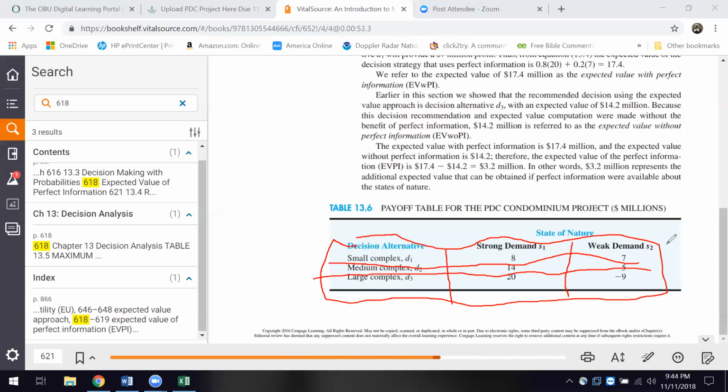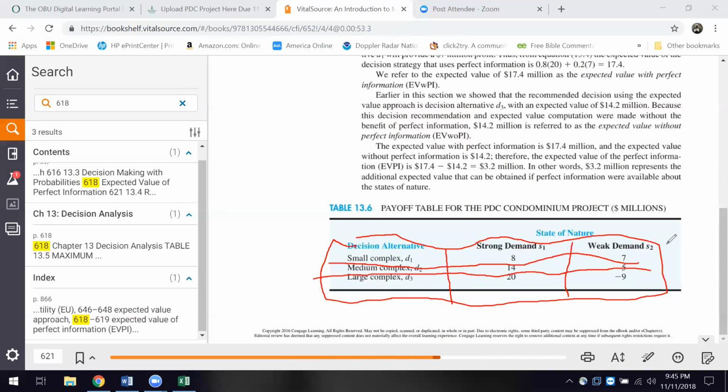And so we attach probabilities based upon experience, upon the past, maybe upon industry standards. Some kind of forecasting has been done. Actually, when we do a table like this of expected value, we're engaged in forecasting. And so you can see state of nature versus decision alternative, how we end up.